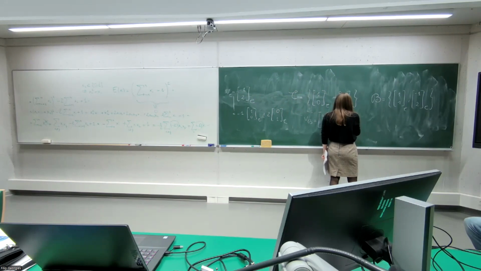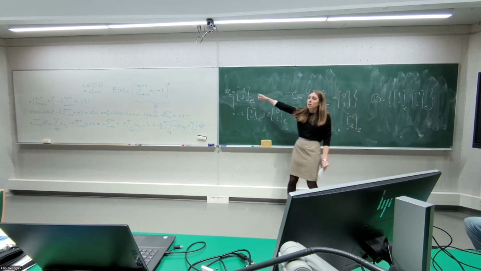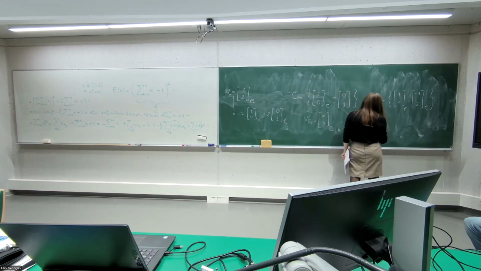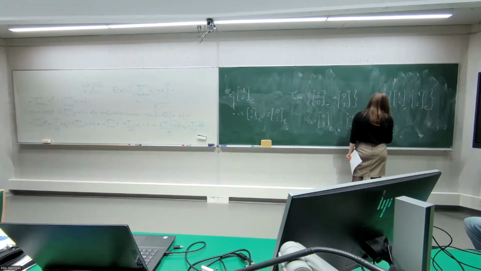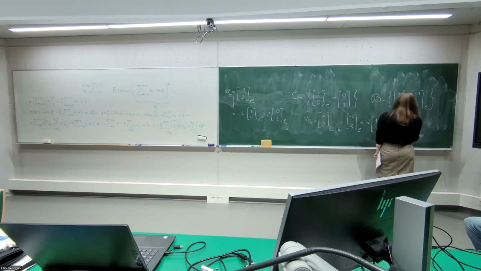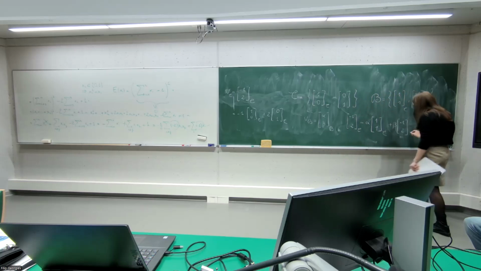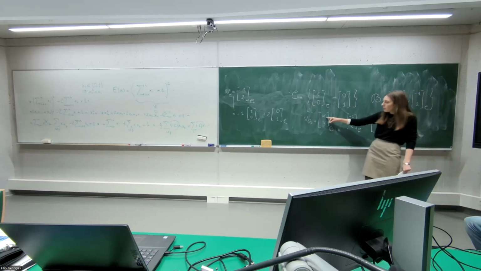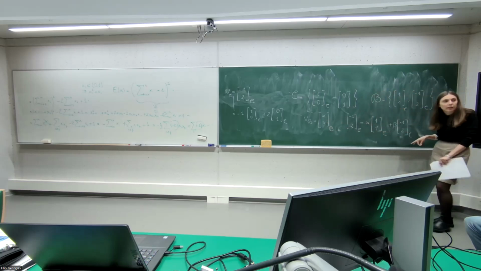So that my vector, when I write my vector in basis C, is equal to alpha, the first vector of the basis B, plus beta times the second. So when I ask myself which are those coordinates, I have to do some computation like that.